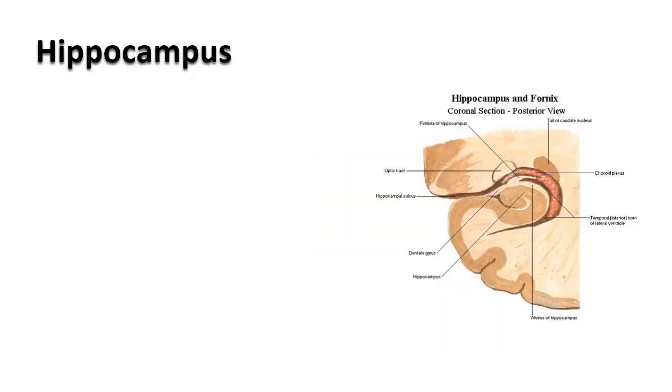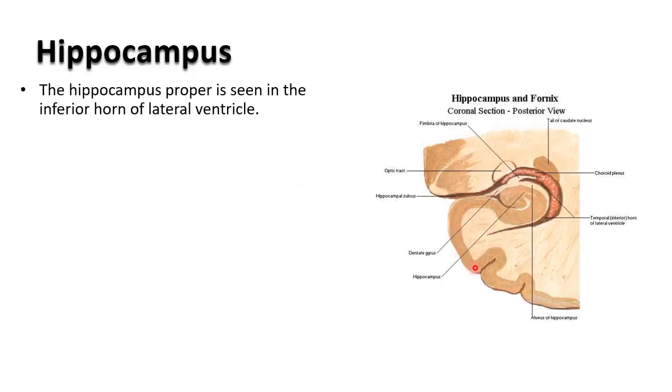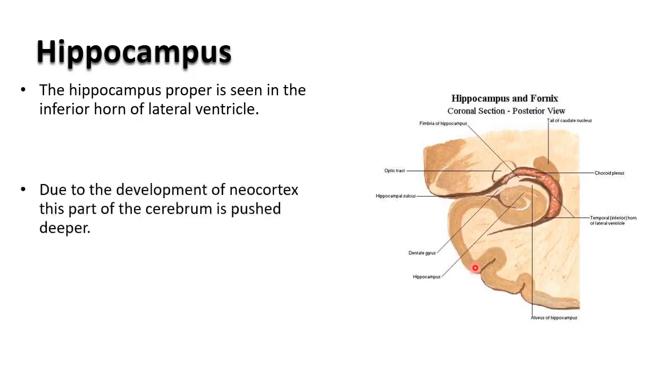Now coming to the hippocampus or hippocampal formation, in a coronal section it looks like a seahorse. The name hippocampus means seahorse. It is seen in the inferior horn of the lateral ventricle.